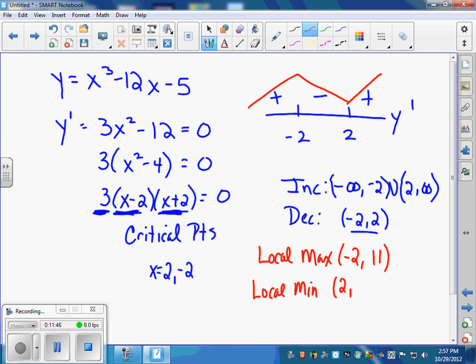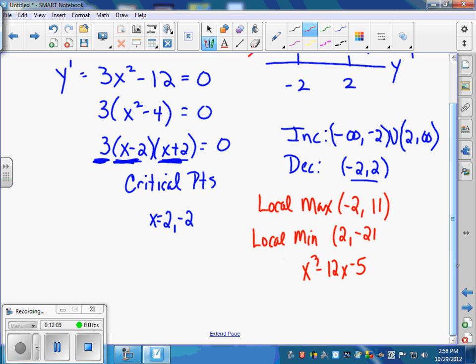Putting negative 2 back into the original equation, x cubed minus 12x minus 5. That will give me 11, and if I put positive 2 in, I get negative 21.